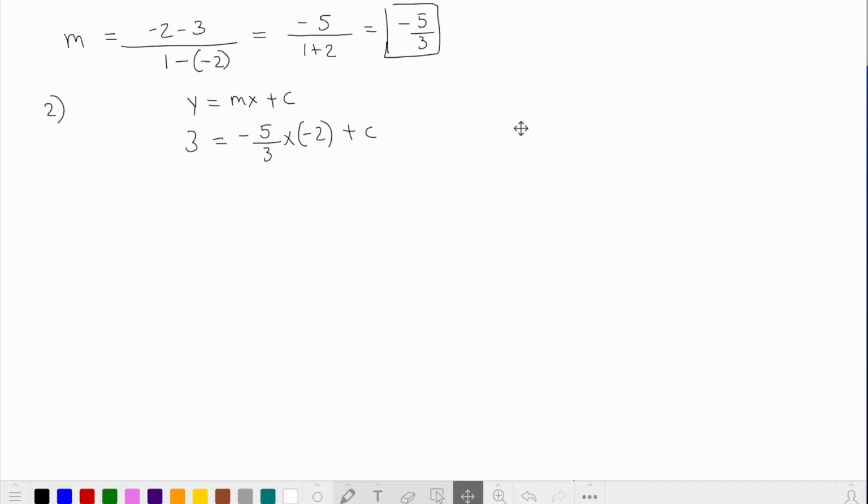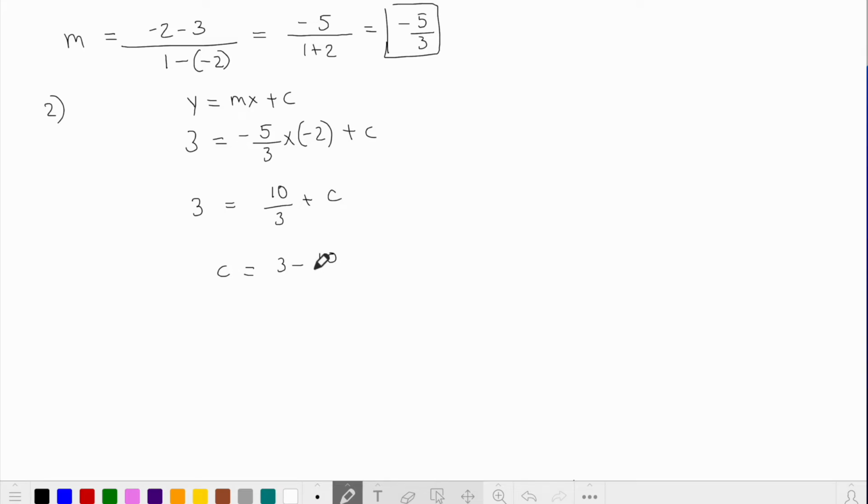Let's move all the way up so that I have space here. Now we have 3 here, and it's going to be positive. So 5 times 2 is 10, divided by 3, plus c. So to find c, we subtract 10/3 on both sides.